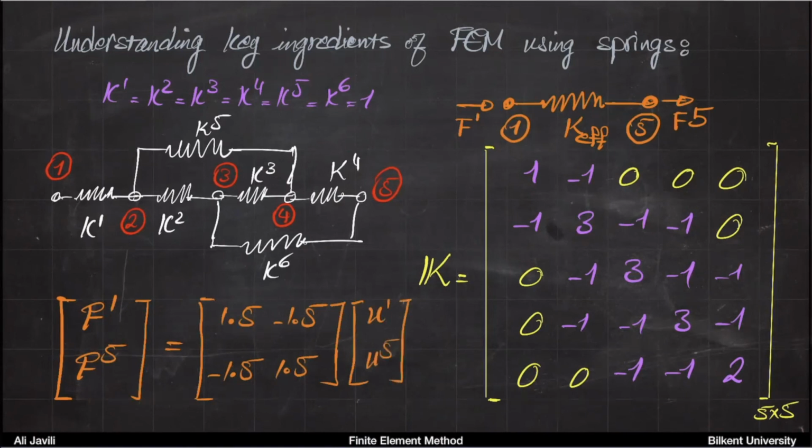Okay, so basically this tells you that the effective stiffness is 1.5.